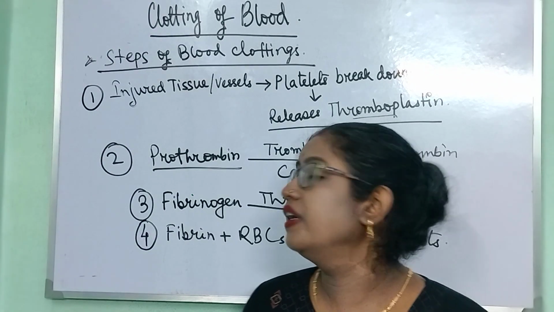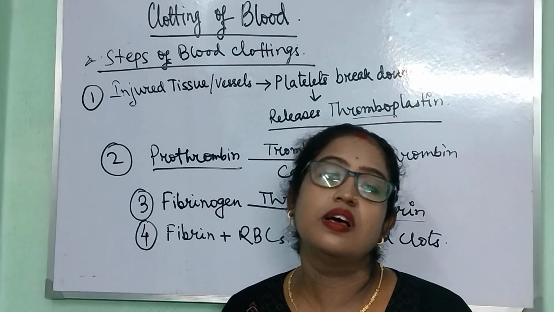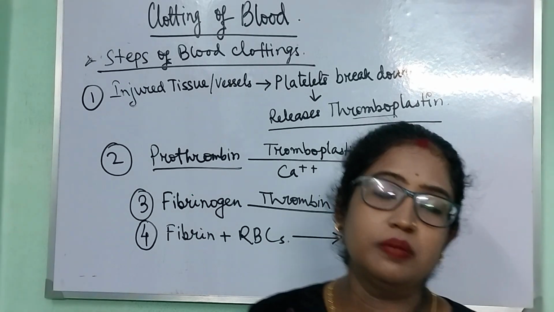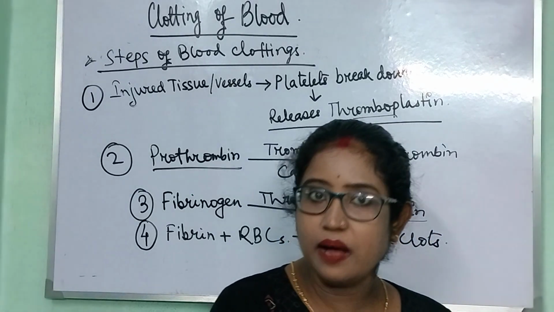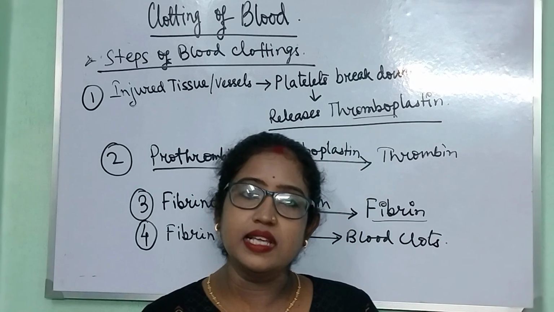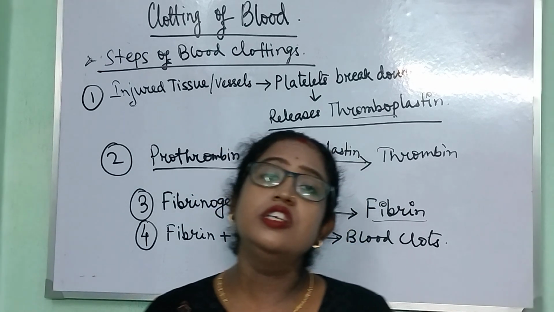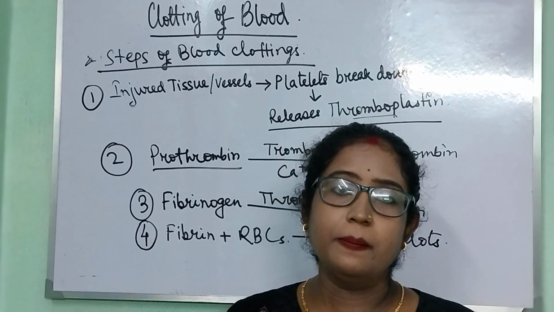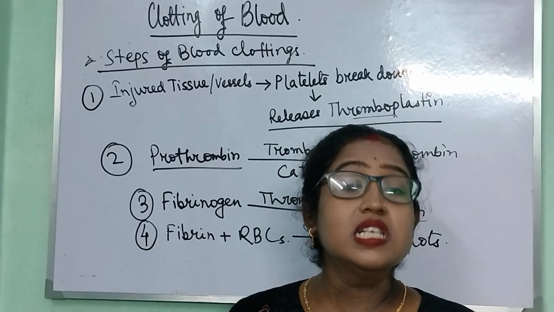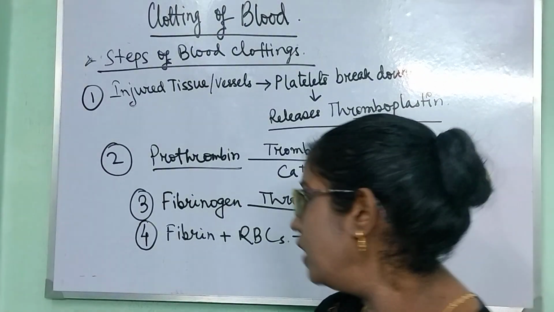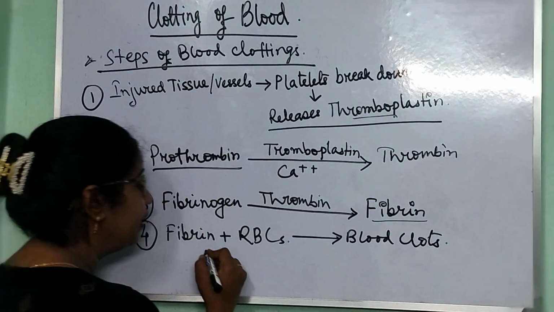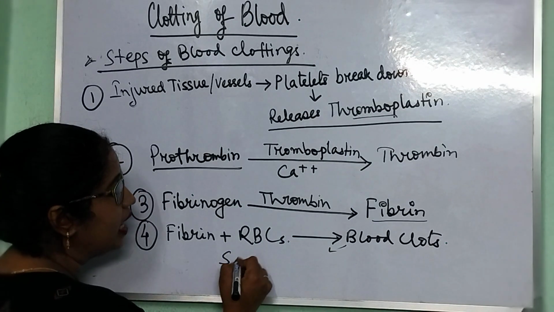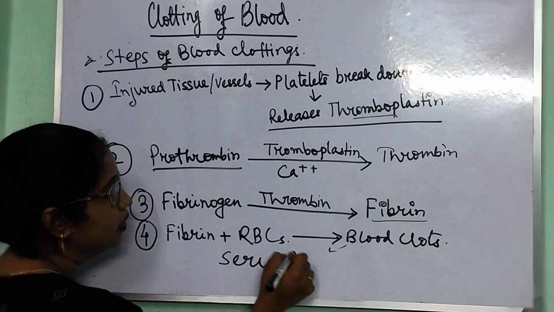As I said, when the blood clots, after some time the blood dries up, and then a yellowish fluid comes out from the clotting site. This yellowish fluid released from the clotting site is known as serum.